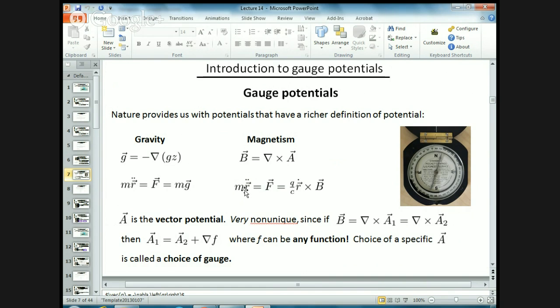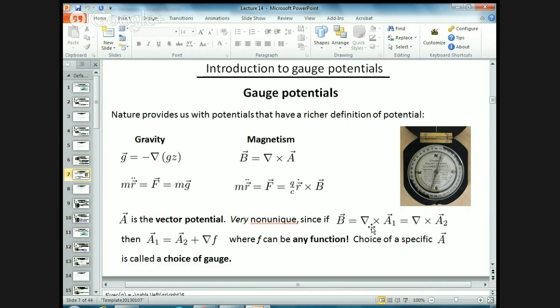And so the equation of motion, the Lorentz equation of motion in Gaussian units, is just force is equal to a proportion of the cross product of the velocity and the magnetic field. So this means that the vector potential is very non-unique, if that's an adjective that gets degrees of qualification.